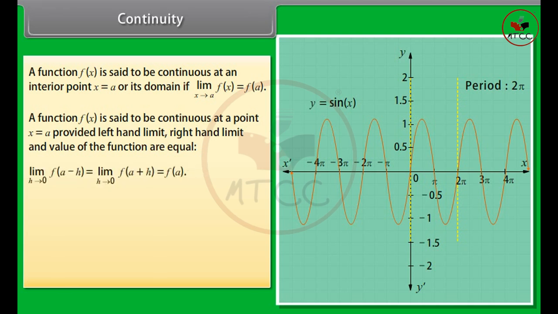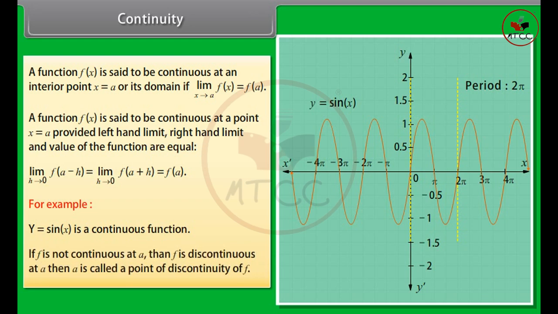Limit h approaches 0 of f(a minus h) is equal to limit h approaches 0 of f(a plus h) is equal to f(a). For example, y equals sin x is a continuous function.